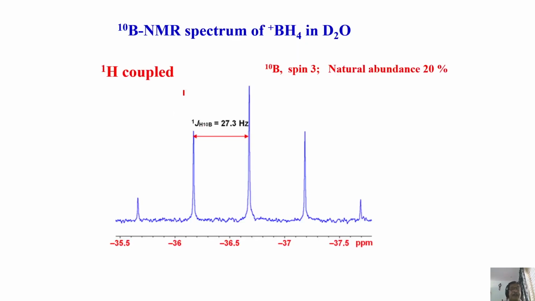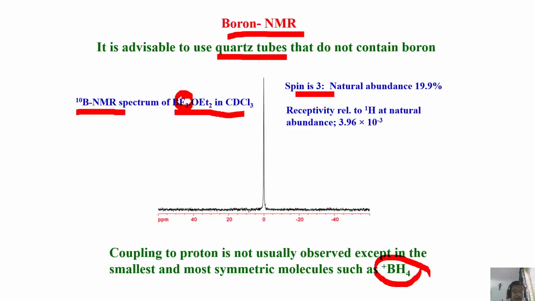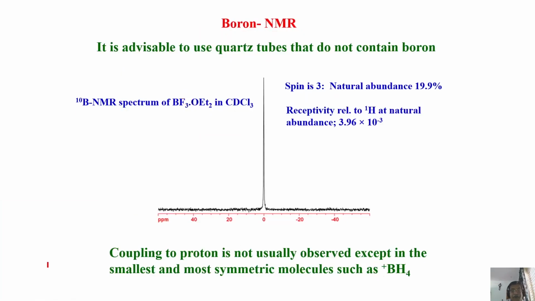Let's see now what is happening in the next one. In the next one, if this is BH4, that is BF3 OEt2 as the reference. Now in the B10 NMR, if I see B10, this H4 should couple to that. Am I right? Go back here, remove everything, look at it.